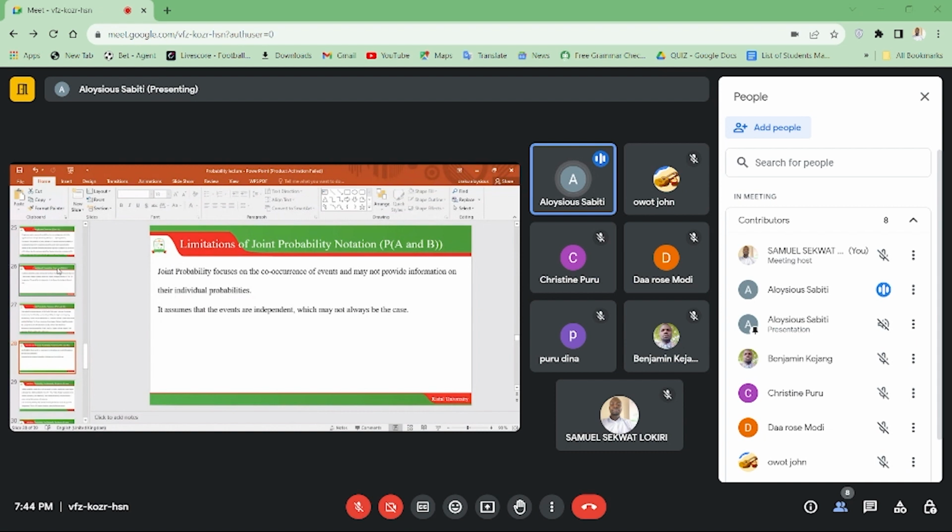But this joint probability notation has limitations. Joint probability focuses on concurrence of events and may not provide information on the individual probabilities. So you may not look at an individual alone, because it is generalizing the probability that someone will get both diseases concurrently.